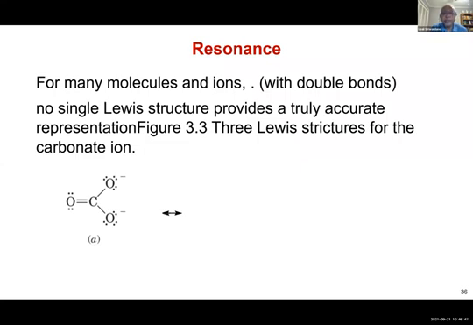Carbonate ion has a 2 negative charge. 22 plus 2 more electrons for the negative charge becomes 24 electrons. So these electrons are distributed according to this.